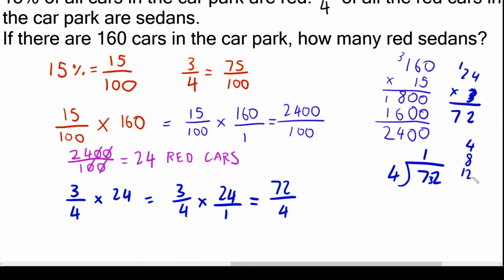There's 4, 8, 12, 16, 20, 24, 28, and 32. So it's 1, 2, 3, 4, 5, 6, 7, 8. 8 times. There's our answer, 18. How many red sedans? 18 red sedans.